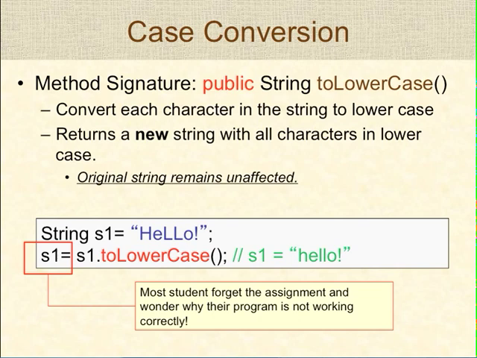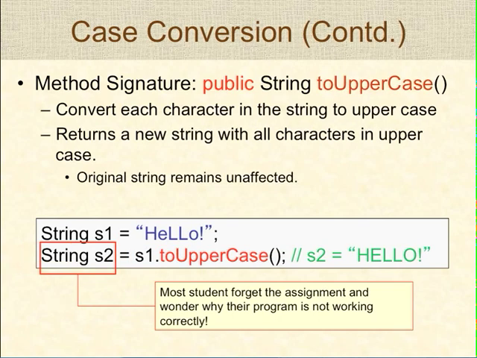Otherwise, you lose the return value. So toLowerCase does return a string, and if you don't assign it to something, it will essentially go nowhere. toUpperCase works the same way. It converts everything to uppercase.